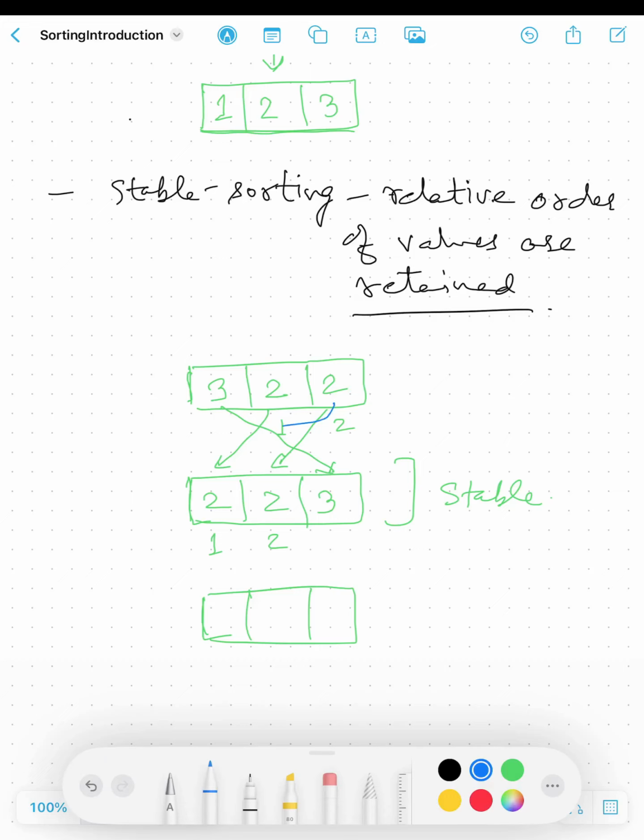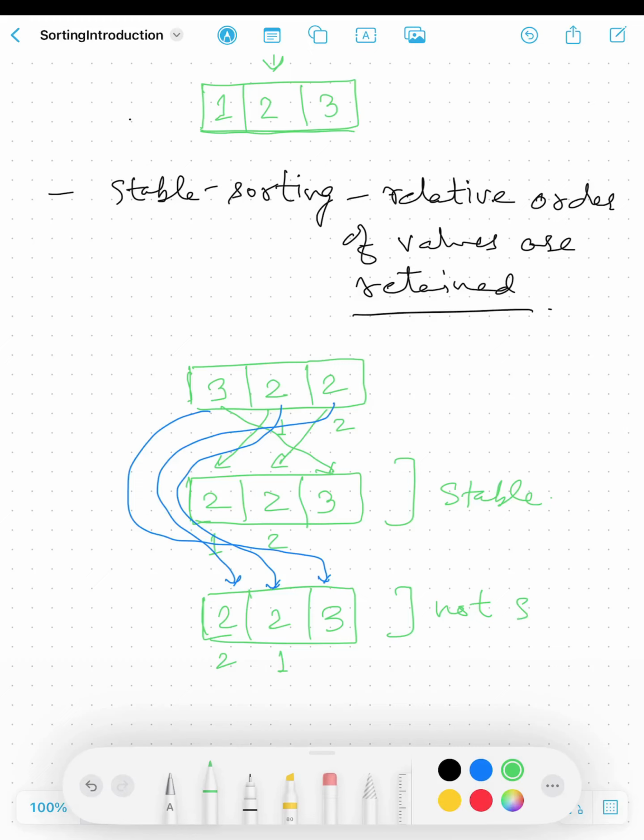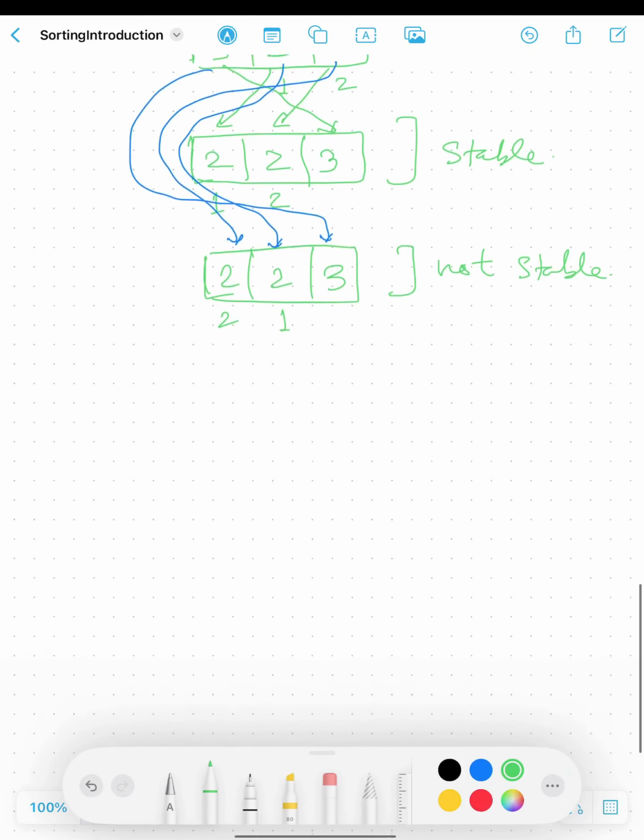So after sorting, this 2 goes here, this 2 goes here, and then this 3 goes here. So the second 2 came before the first 2, and the original order of same values is not the same, and this is not stable. Okay, I hope you are able to follow my explanation on stable sorting.